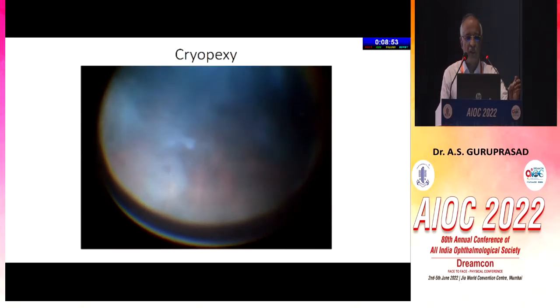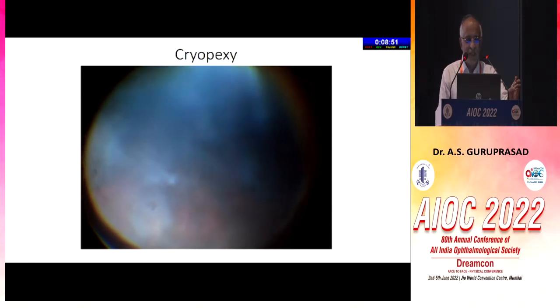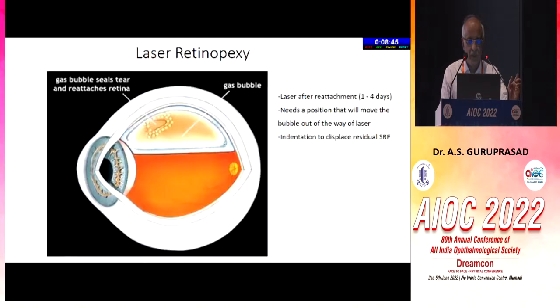This is actually a chandelier-assisted scleral buckling in progress, but I have just shown it as a representative video. Laser is another option, usually in very shallow detachments by indentation, after reattachment, which usually happens anytime between 1 and 4 days after the injection of gas.